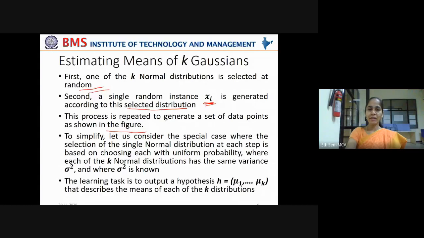Now to simplify, let us consider the special case where the selection of a single normal distribution at each step is based on choosing each with uniform probability. Uniform probability means selecting the first normal distribution has 0.5 probability and selecting the second normal distribution again has 0.5 probability. Means they have equal probability of being in accordance with the data points.